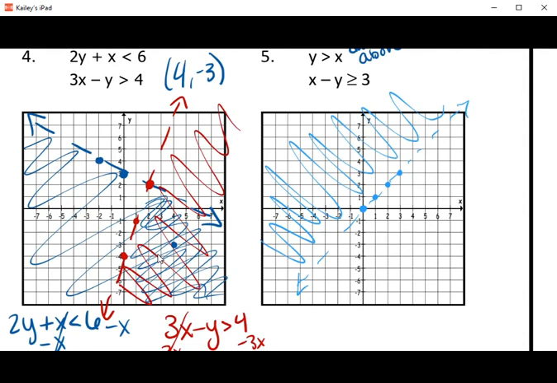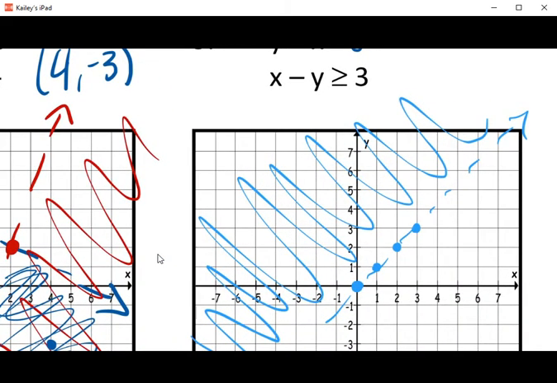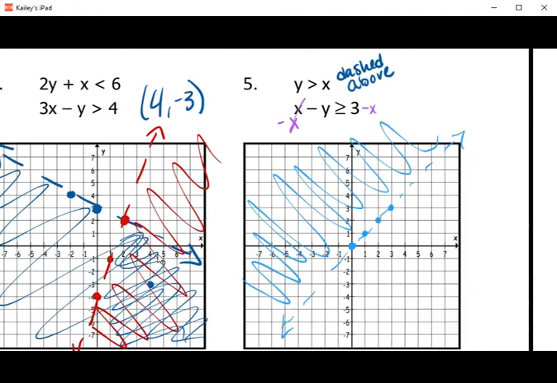Then the second one, we do have to solve for y because it's not solved for us. So remember, our first step is to take over the x term. So we will subtract x from both sides. And that gives us negative y is greater than or equal to negative x plus 3.